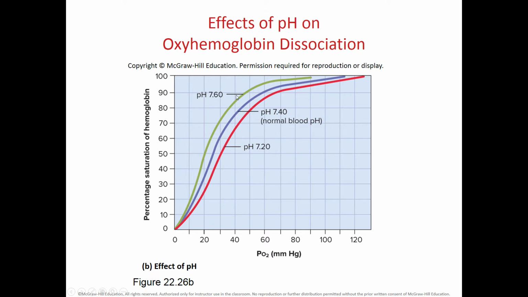And when you increase the pH, when you have something that we call alkalosis, you have increased saturation of hemoglobin, and it's going to be the opposite. When you have low levels of pH, something that we call acidosis, you will have low levels of saturation of hemoglobin.